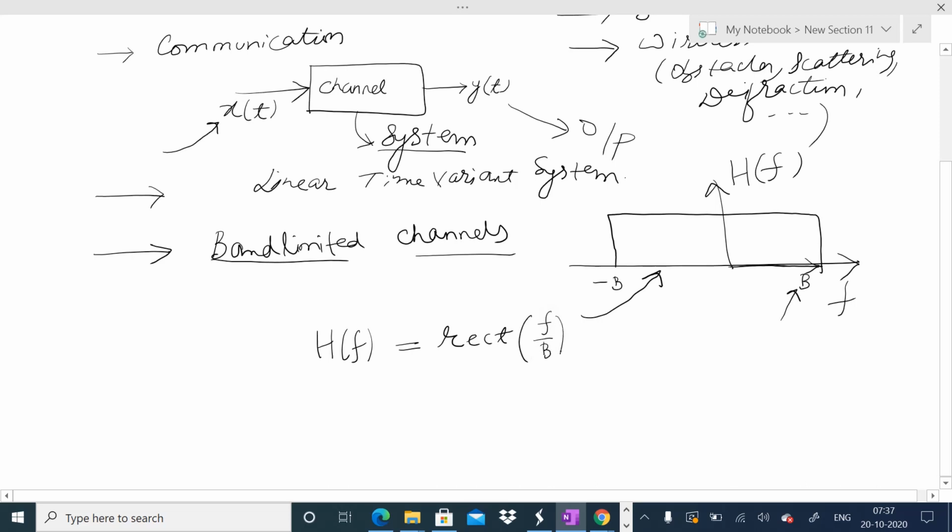I can write it as rect of f by B, and in fact here I can write, suppose, 1 by B, just as an example. Now what will be its time domain equivalent? It will be the Fourier inverse, and that will be a sinc function.